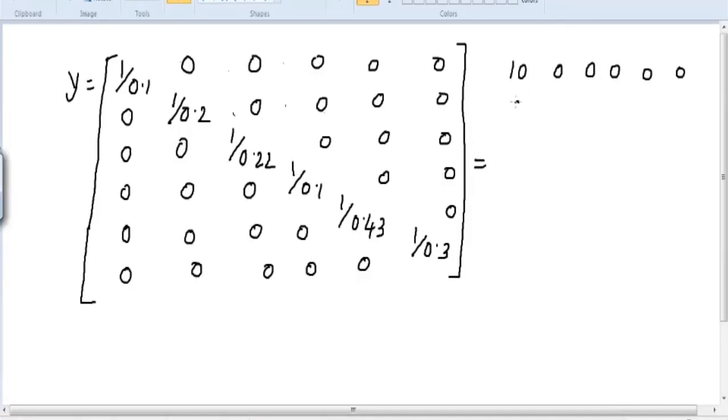Next, second row, 1 by 0.2. What will be the value of 1 by 0.2? 5, 0, 0, 0, 0. Next, third row, 1 by 0.22. 4.54. Is it correct?